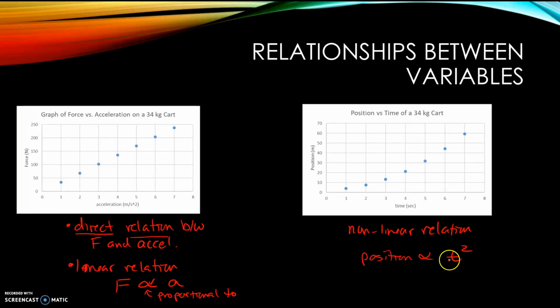Here, position is proportional to time squared, and because of that, we have this kind of half a parabola looking curve along here, and that's a nonlinear relationship. But again, using graphs, we can see that. Using Excel, we can actually fit this to a function, and later on in the course, we will do exactly that. Okay, so these are two very common types of relationships between variables.